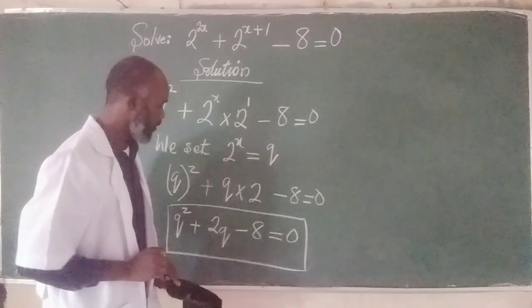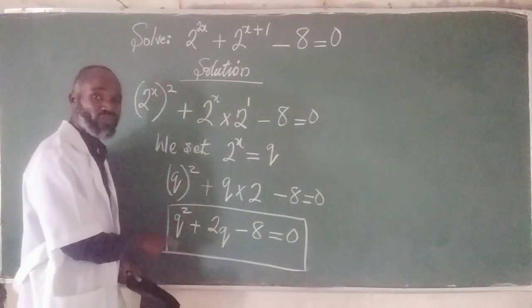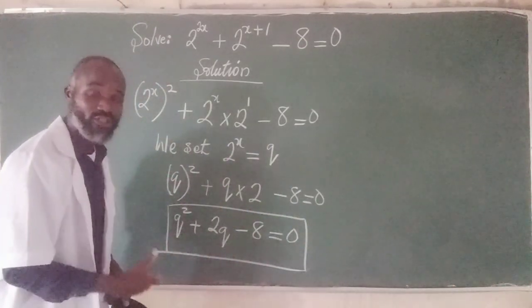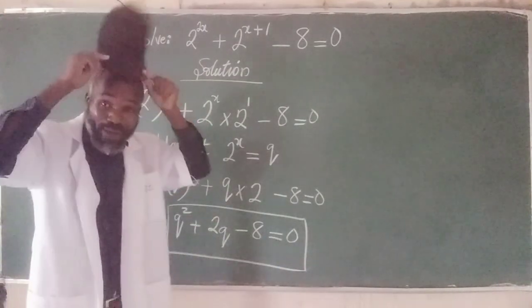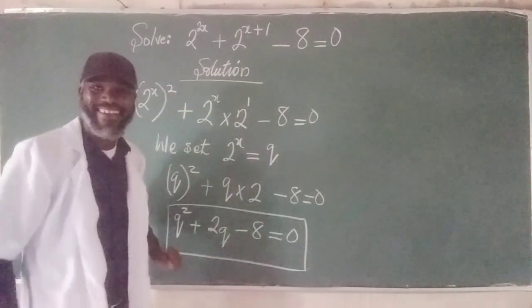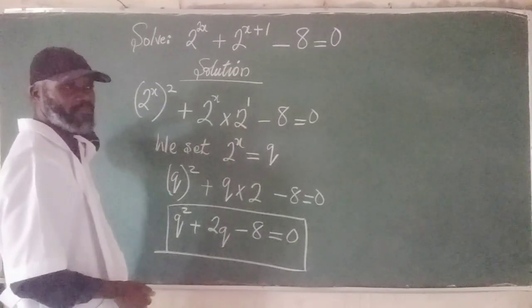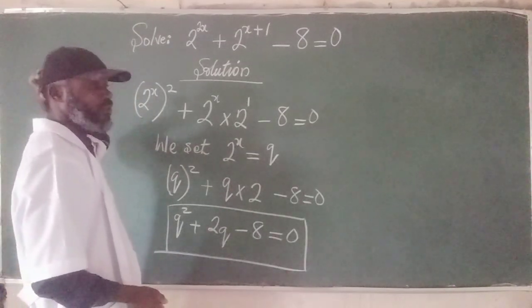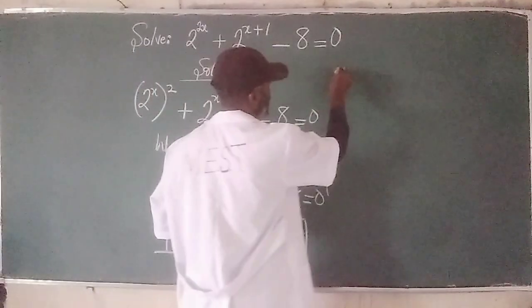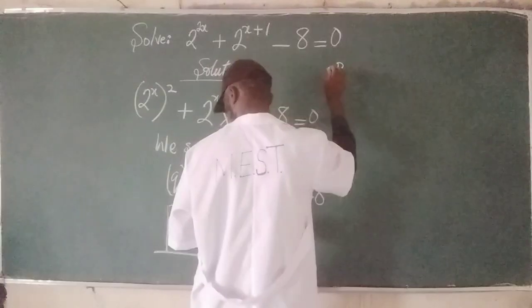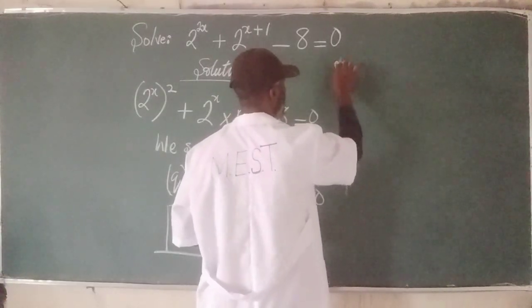So understand me. What we're going to do here is apply the simple factorization method, and that solves it. So we're going to do that. All right, so let's continue. Now we simplify this by taking note of Q. This is not P, we're using Q this time around.